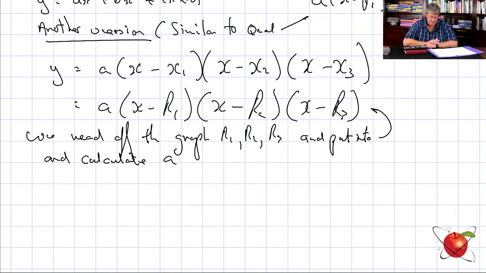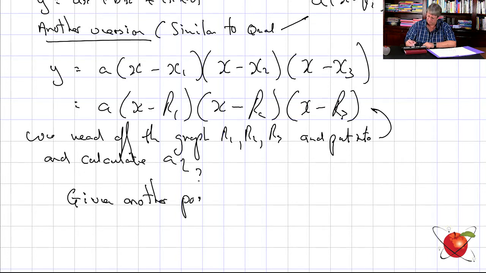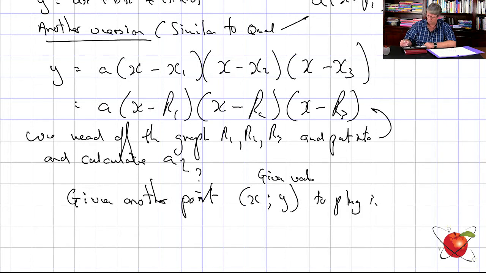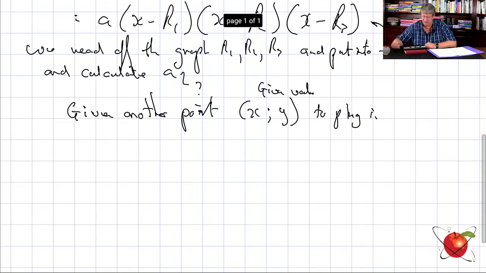Simple as that. How do we calculate a, you ask? Simple. You are given another point, x, y given values to plug in. That's not too difficult at all. We're going to do one or two of these, and we're going to do more in example time. Then you put it in and find a, multiply it out.